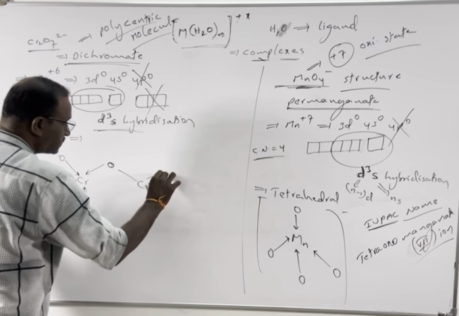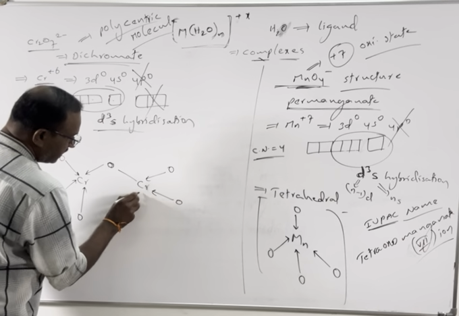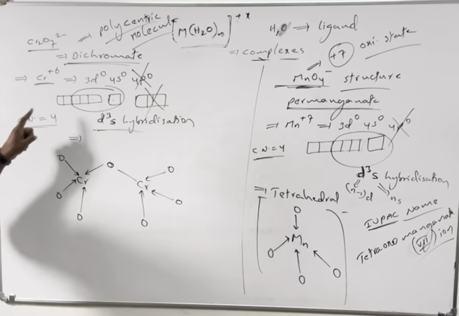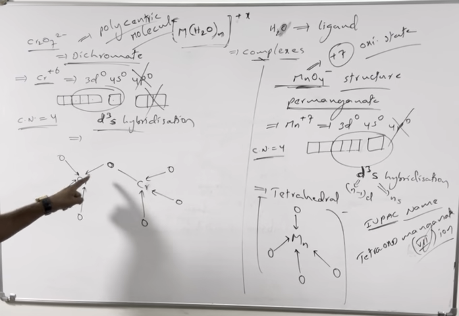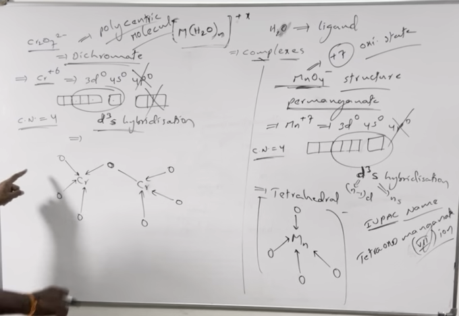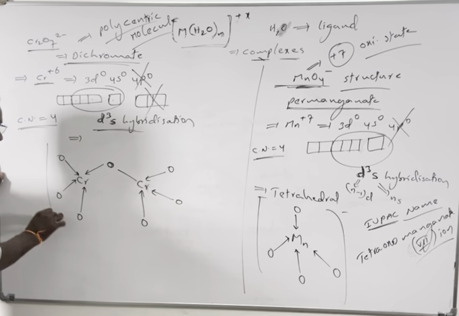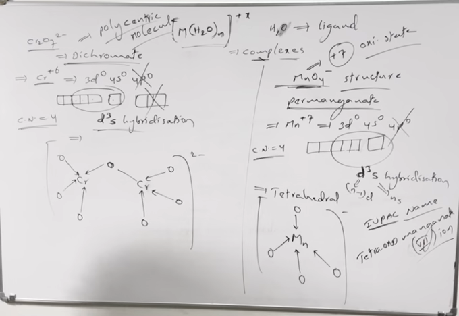And in this case also, one electron pair comes from the bridge, and the others come from these. Its oxidation state is +6. Total electrons coming is 8. That's why it will be a -2 charge.